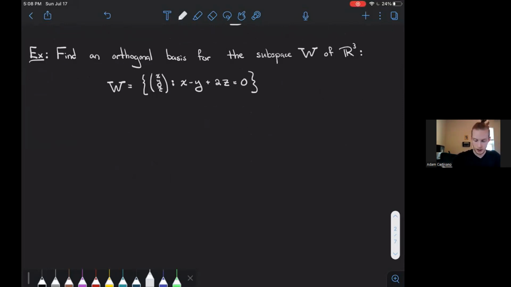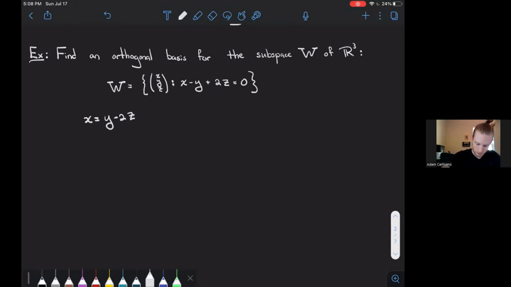So the strategy here is, notice that W is the set of vectors x, y, z such that x minus y plus 2z equals 0. So x is really just y minus 2z.